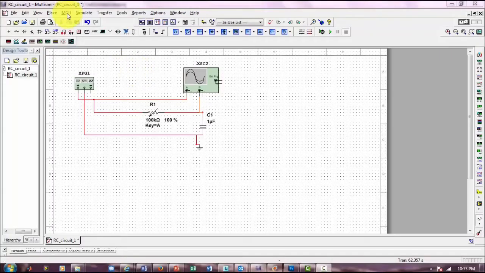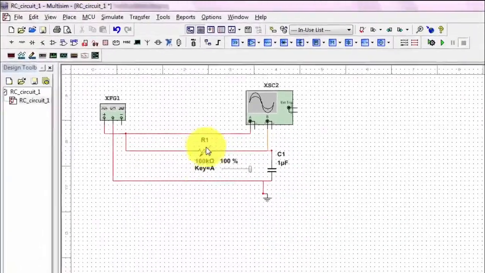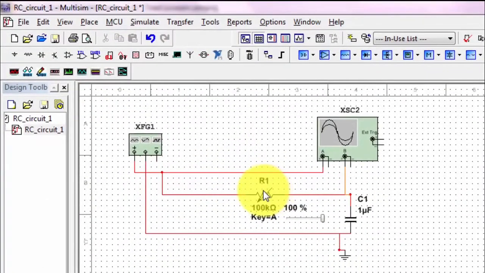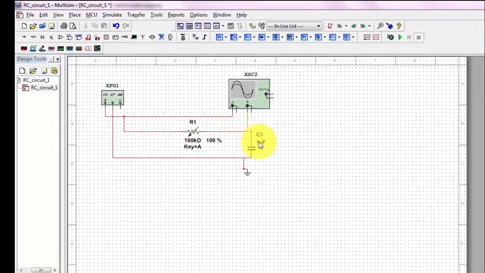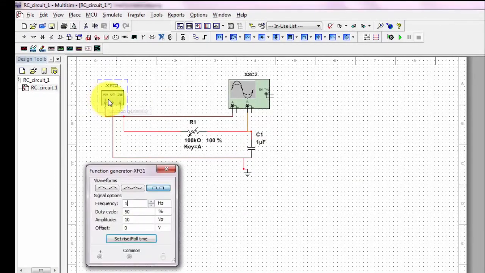So I'm going to run Multisim to demonstrate the concept of charge and discharge effects of a capacitor. In this case, I have C1 at 1 microfarad and resistor R1 at 100 kilo ohms. We could see that it is a variable potentiometer. This RC circuit, where we have the resistor and capacitor connected in series, is driven by this signal generator.